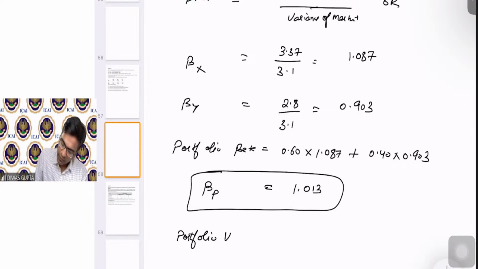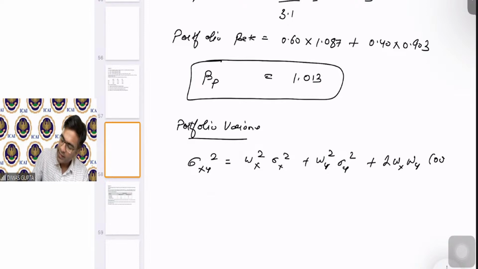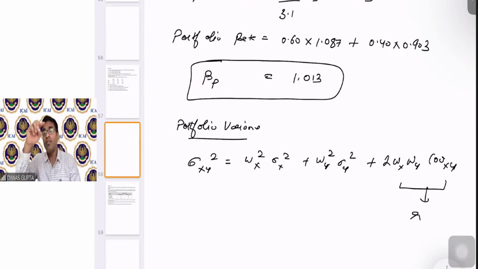Portfolio variance would be weight of X square, standard deviation of X square, plus weight of Y square, standard deviation of Y square, plus 2 weight X, weight Y, covariance X and Y. Again, in this formula also, we are using the covariance bit, not the R bit, because there is another formula available for 2WX, WY, standard deviation X, standard deviation Y, RXY, correct?